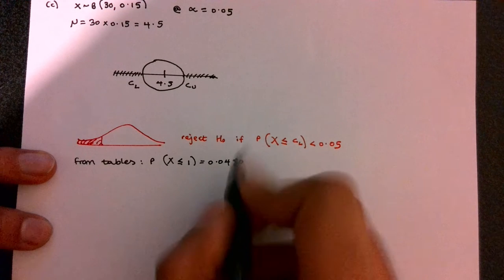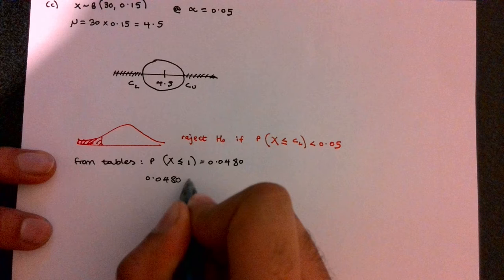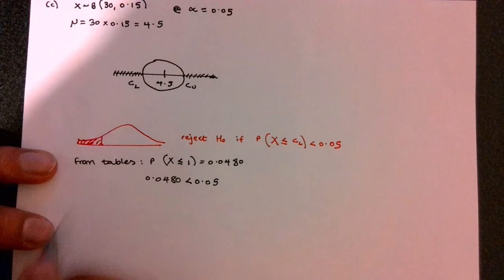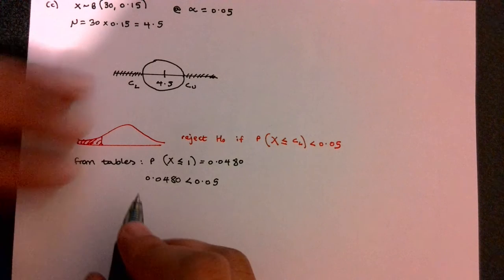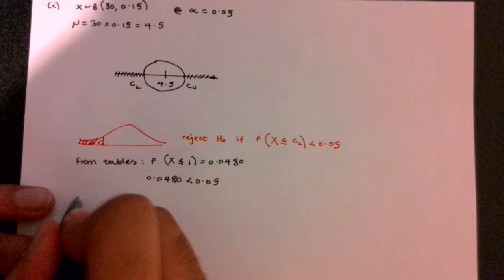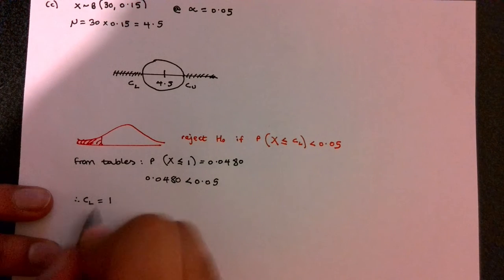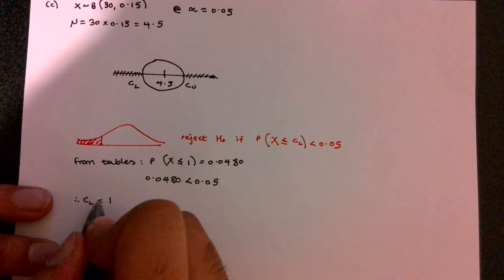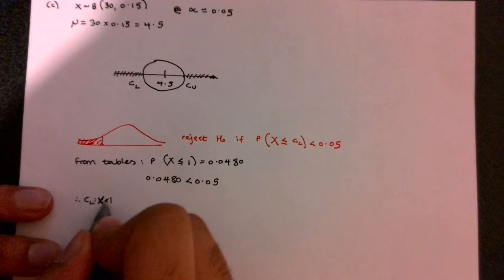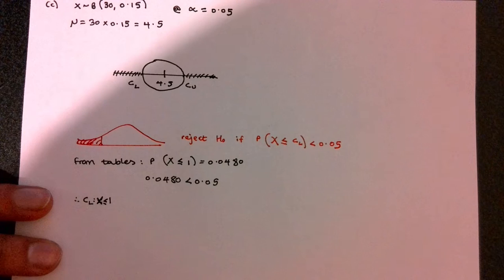Okay, and we see that this 0.0480 is less than the 0.05, and therefore the critical region is when x is less than or equal to 1.